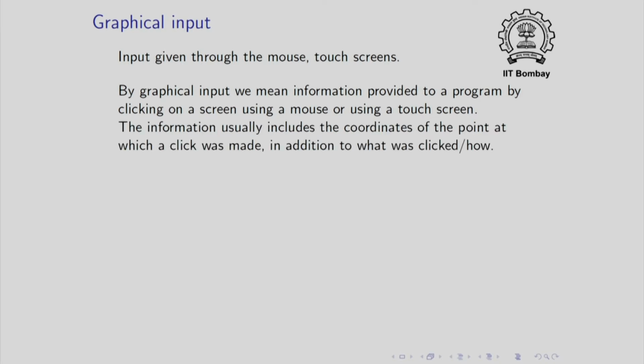The graphical information usually includes the coordinates of the point at which a click was made, in addition to information about what was clicked. For example, in connection with a mouse, the clicking might be of the left button or the middle button or the right button, or there might also be issues such as whether the mouse was moving and whether information was coming about the mouse while it was in motion.